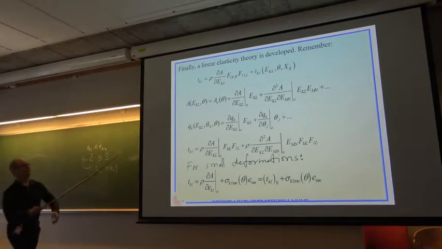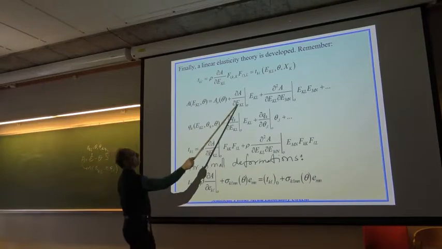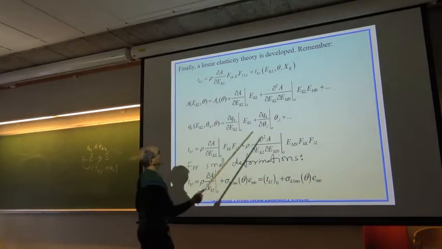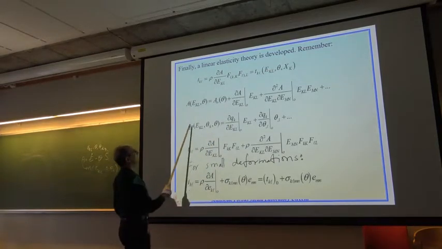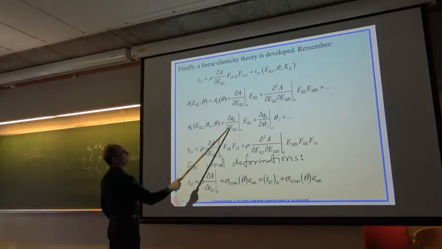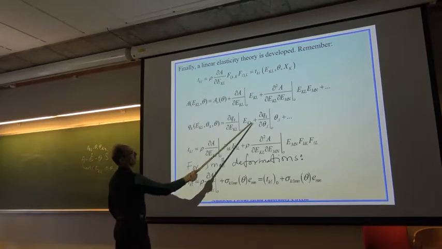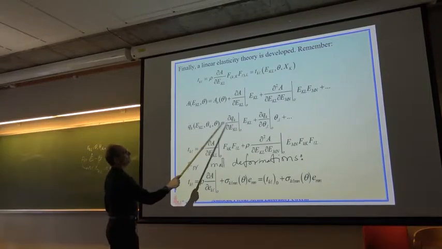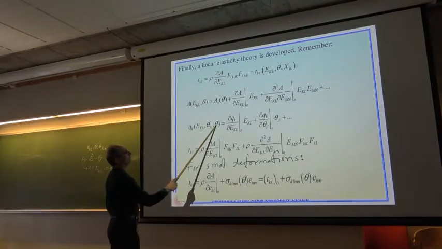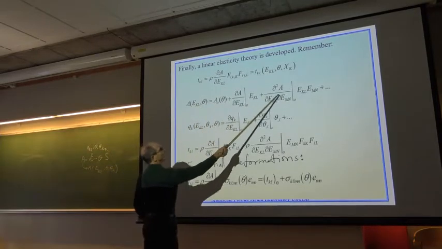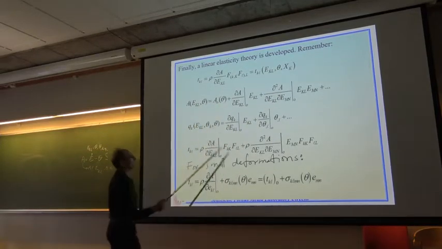I write this in second order, and then I neglect the higher order terms. I also do that for the heat vector, which is a function of these. I do not expand in terms of temperature, I only expand in terms of E_KL. So all these coefficients are still functions of temperature.